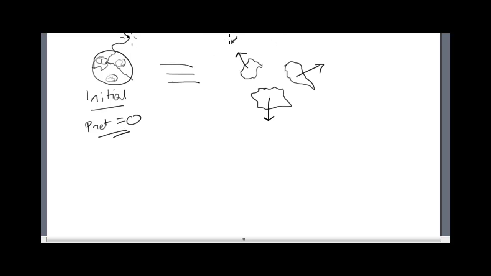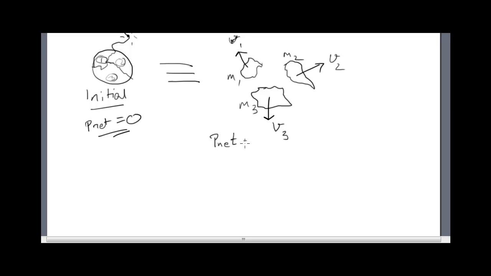This is V1 for the first part, V2 for the second part, V3 for the third part. So P net, which is final, will be equal to m1 v1 vector plus m2 v2 vector plus m3 v3 vector.